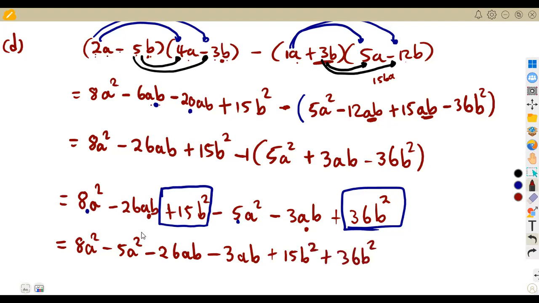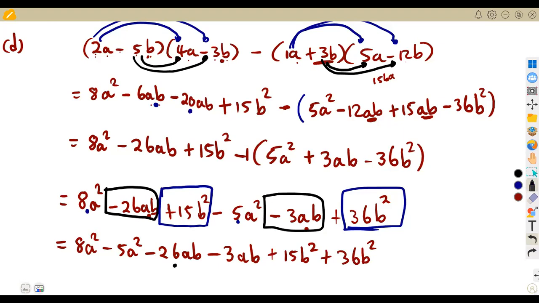So we took the part of ab here, which is minus 26ab and minus 3ab. This is the one that we are seeing here, minus 26ab minus 3ab.